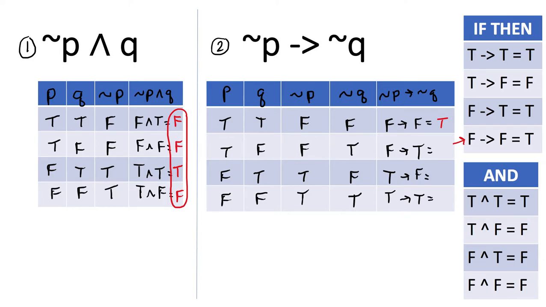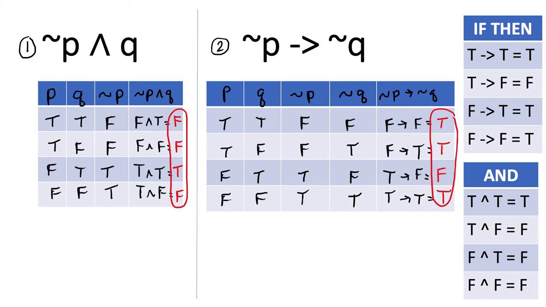F arrow T is also true. T arrow F is false. And T arrow T is true. And again, the final answers to a truth table are those answers in the last column.